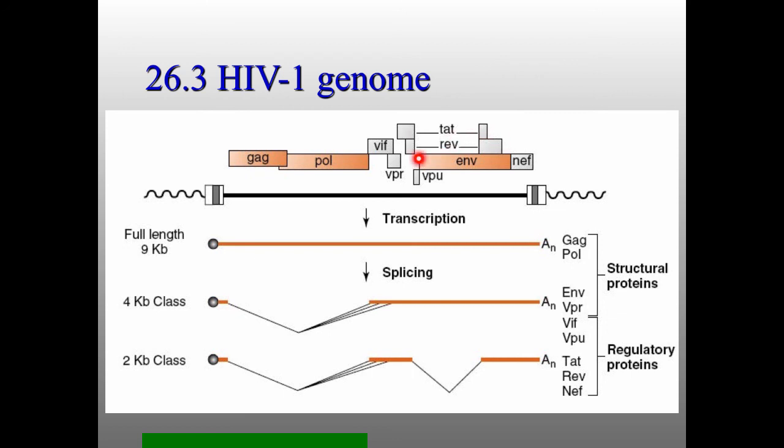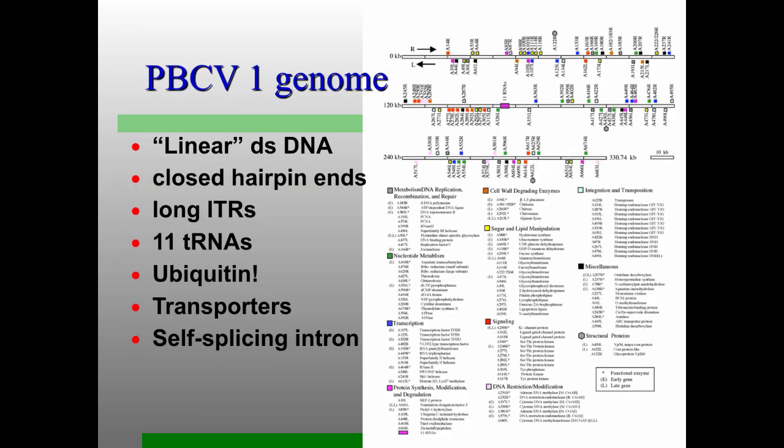REV is very important for transporting unspliced RNA out of the nucleus so that it can get packaged into new virions. So those are the only ones that we really covered in any detail of these extra proteins present in HIV. Take a whole course, all kinds of other interesting things going on there.